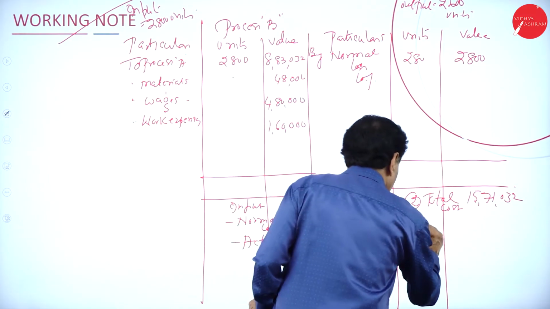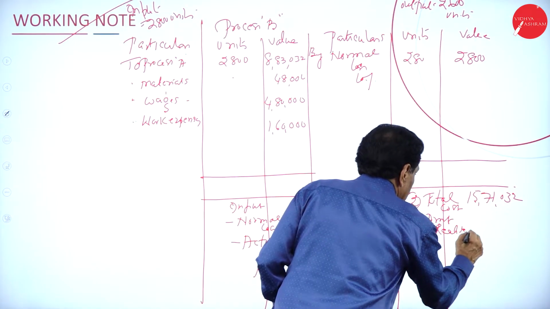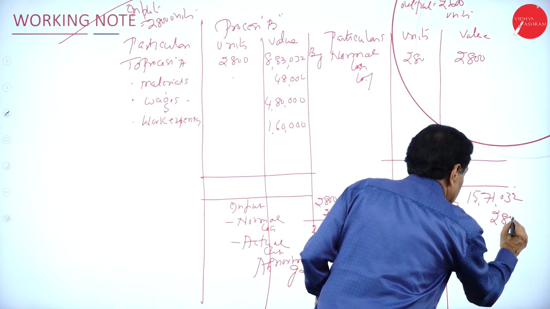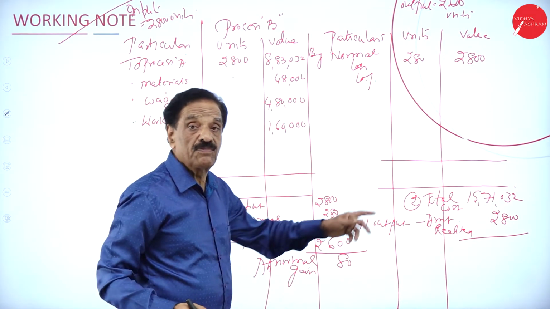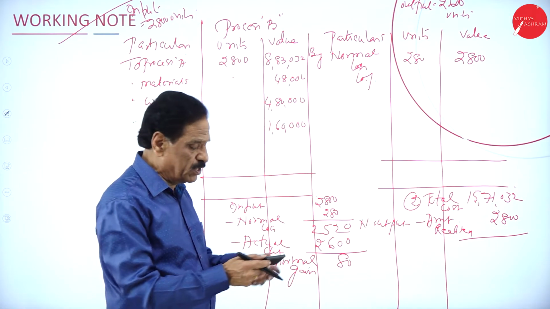Minus amount realized, 2,800. The total cost is 15,71,032. How much amount realized? 2,800.